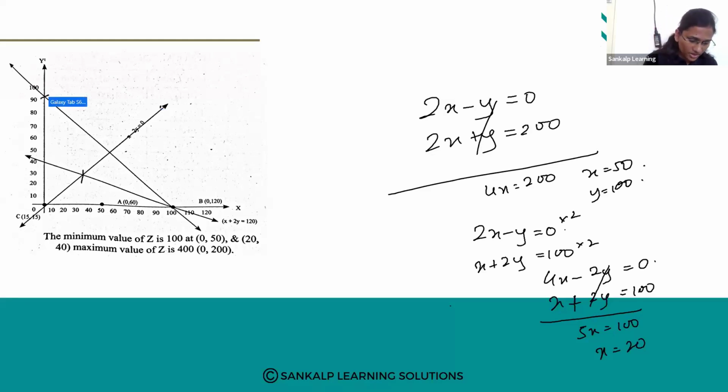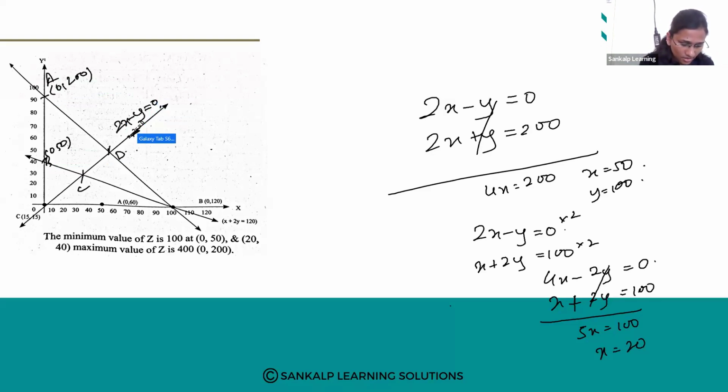So this was your feasible region. A small correction here: this is the point 0,200 and this is 0,50. Now if this is A, B, C, D, then ABCD is your feasible region, with corner points A of 0,200, B of 0,50, C and D. Now see, D is on the 2x minus y equals to 0 line.